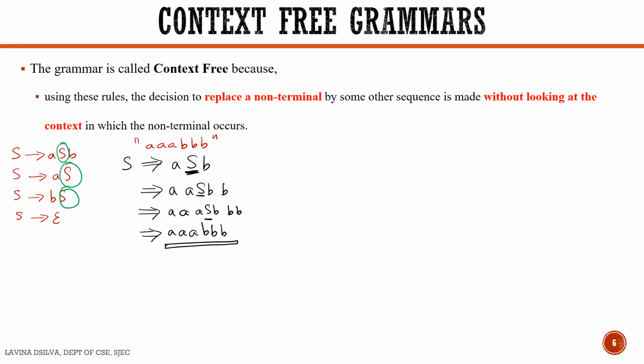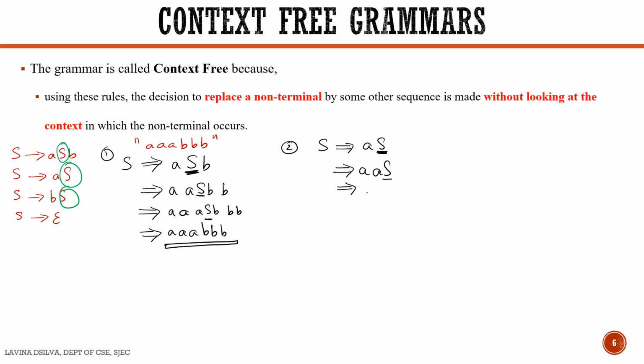We can generate this AAABBB through other replacements too. For example, if this is one way of deriving, I'll take another example of derivation. We can take the second rule. Instead of the first rule, we take the second rule. S derives AS. Now here we see only this S. We do not see the context in which S appears. So this S can be replaced by AS, that is the second rule.